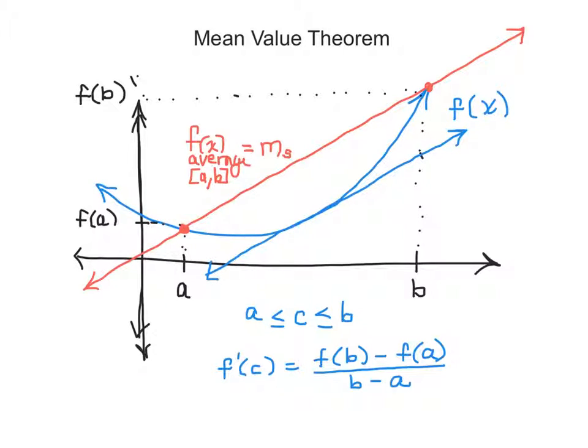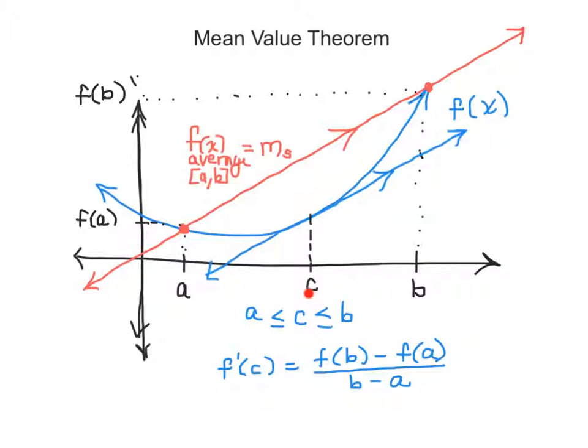And to indicate that, if we have an arrow like this and another arrow on the blue line like that, that indicates that these two lines, the red line and the blue line, are parallel. And the blue line is tangent to the curve at this value, c.